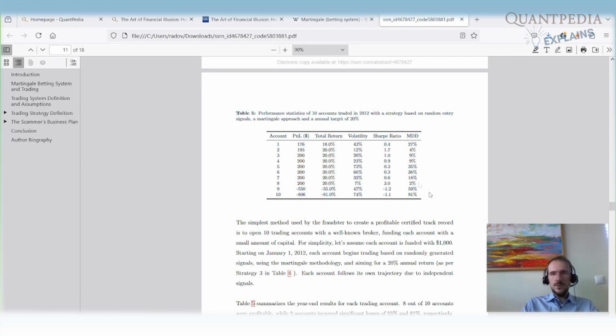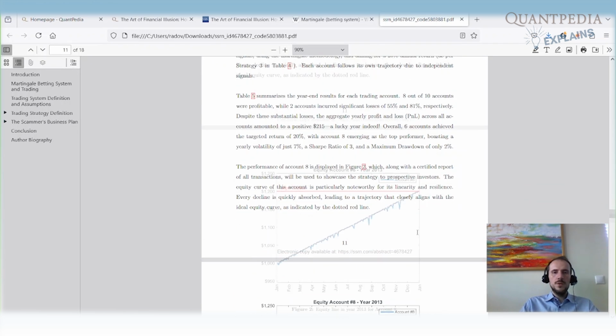But some of the accounts will have a significant positive return, because simply by sheer luck you will be able to get the desired 20% return with small drawdowns and small volatility. So you will discard all of the other accounts. You will leave just the account that had the high performance with a nice Sharpe ratio and a nice equity curve, and you will show this track record.